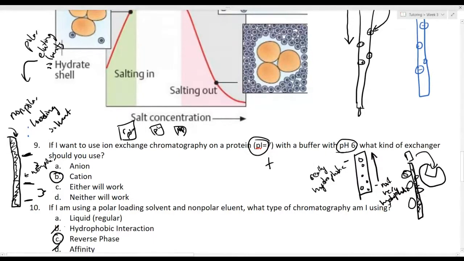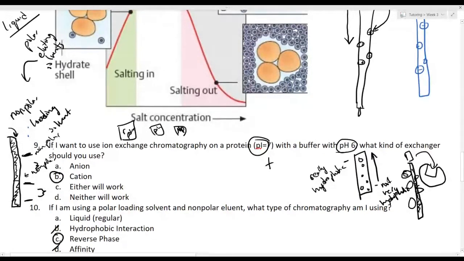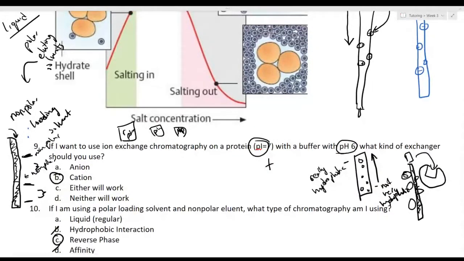Is the polar band up top? No, I'm sorry. In liquid or reverse phase? Because I was trying to describe liquid chromatography, and in this case, no. In reverse phase, the answer to this question is yes. Let me see. So this is non-polar, and it's because of the interaction between the eluent, the eluting solvent, and the protein. The polar eluting solvent is going to move the polar stuff with it, right?